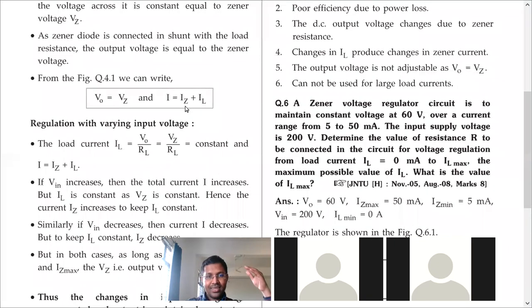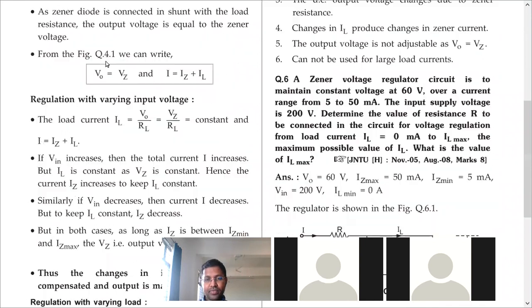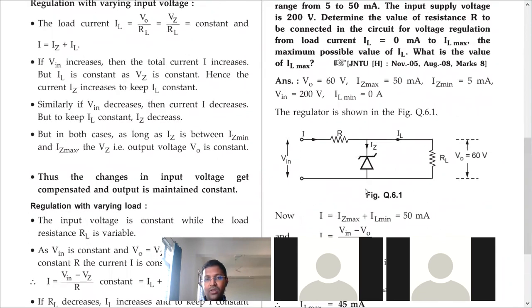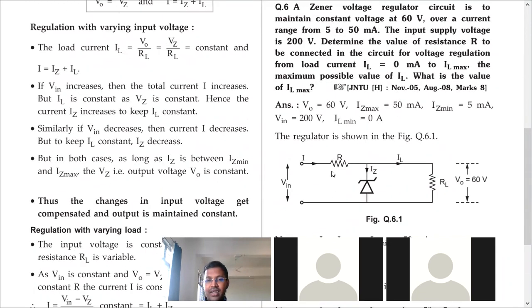When this is minimum, this has to be maximum. If this is maximum, this will be minimum. Then only the current I is constant, right? So I, you can take it as Iz max plus IL min, or Iz min plus IL max. So first, to find R, what is R?